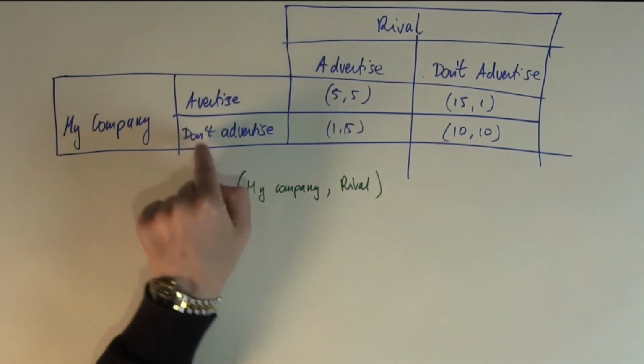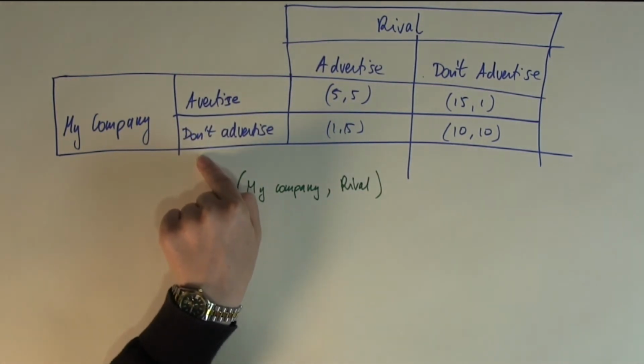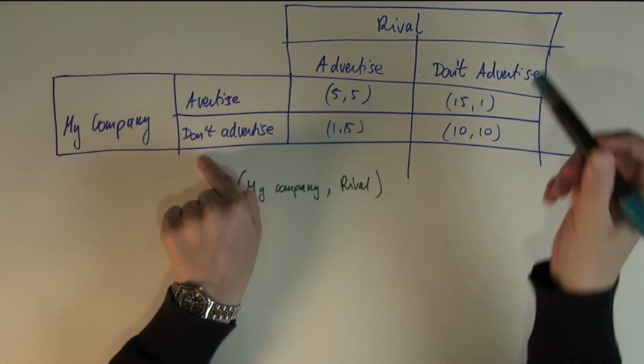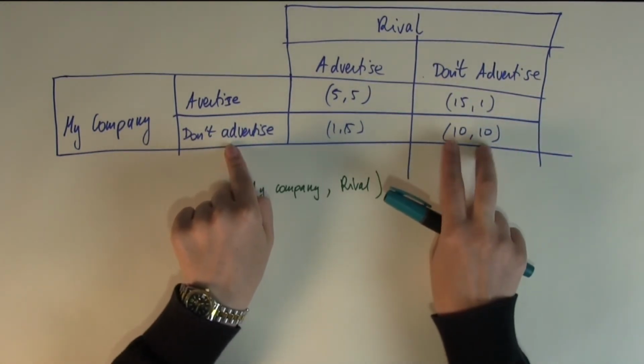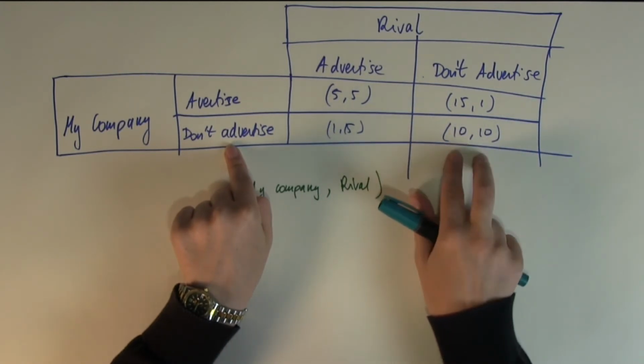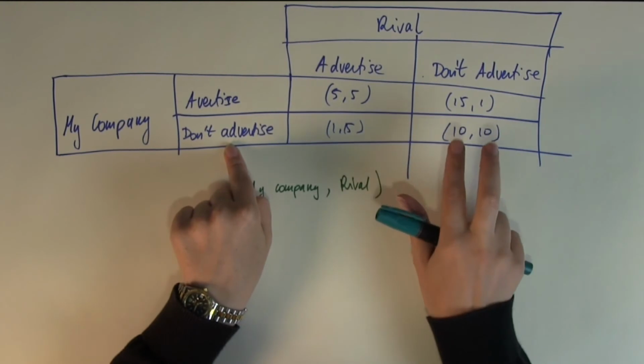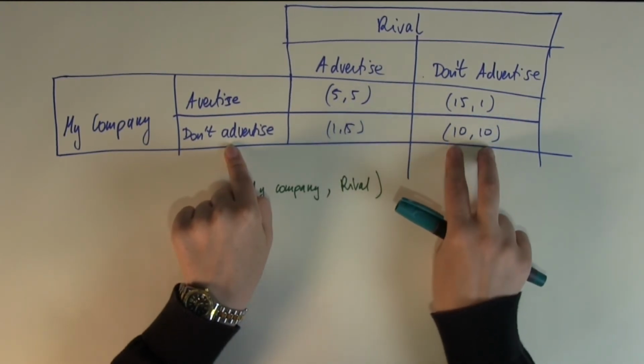So what happens if I don't advertise? Well, in an ideal world, if both of us chose not to advertise, then we both would earn a nice 10 million. However, we are competitors. We all want to maximize our own profit.